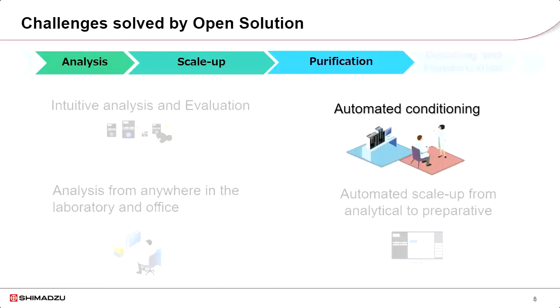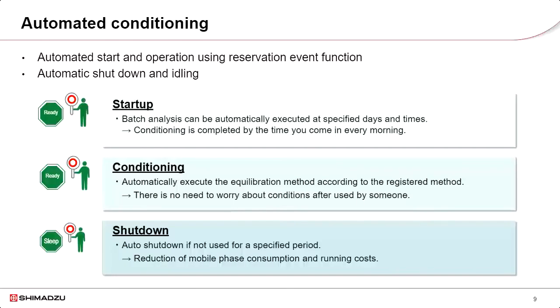Now let's go over our second challenge, which pertains to equipment management. This is also supported by OpenSolution through its feature of automatic conditioning. OpenSolution enables automatic startup, operation, and shutdown through its reservation event feature.